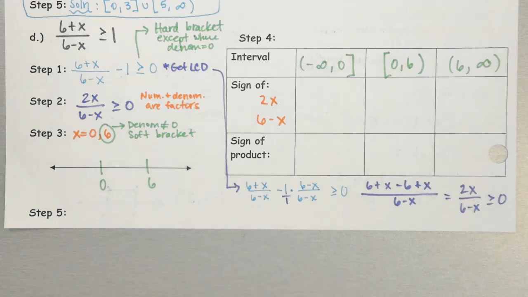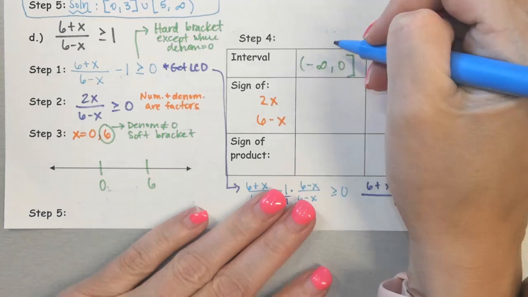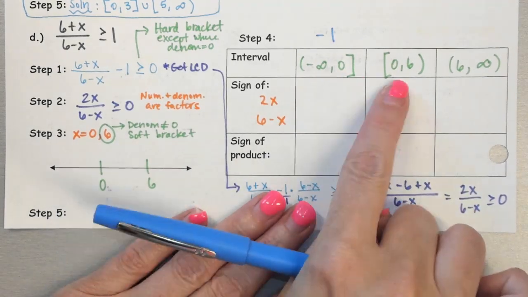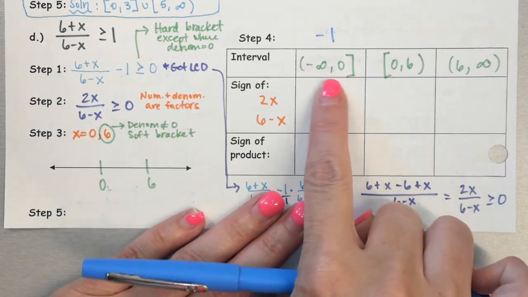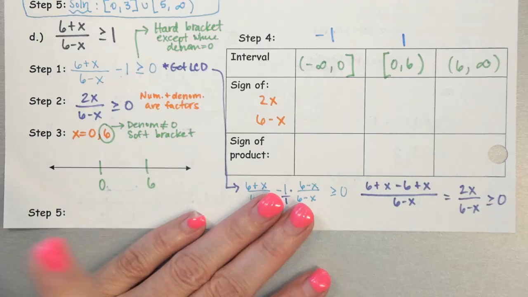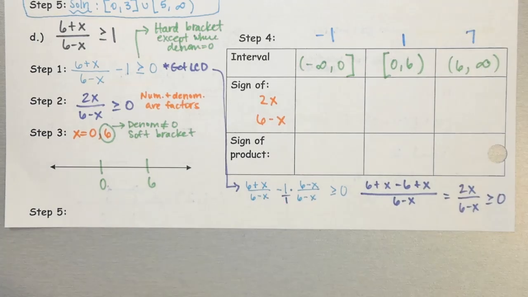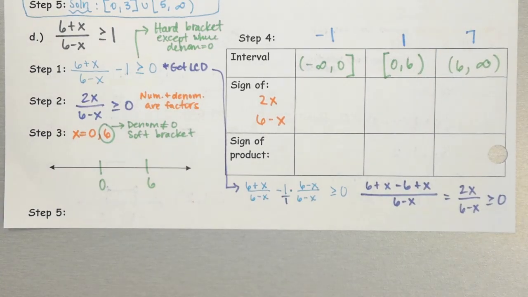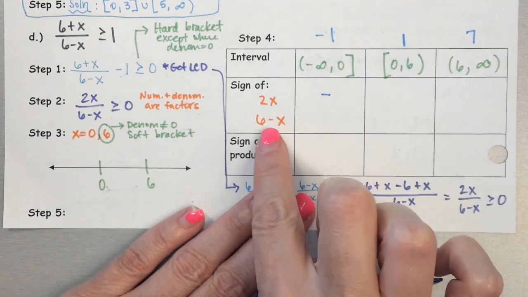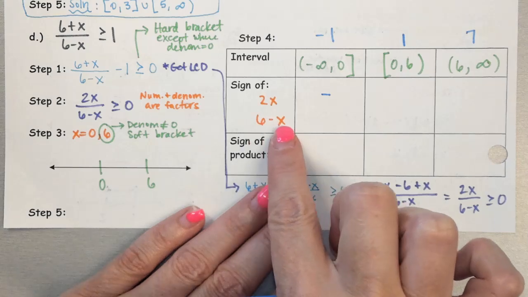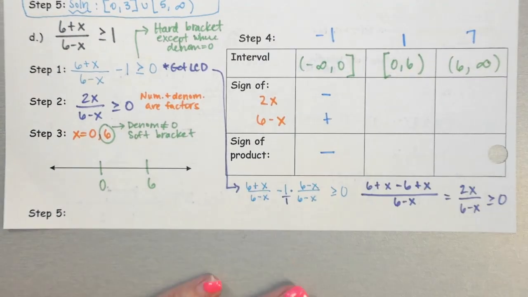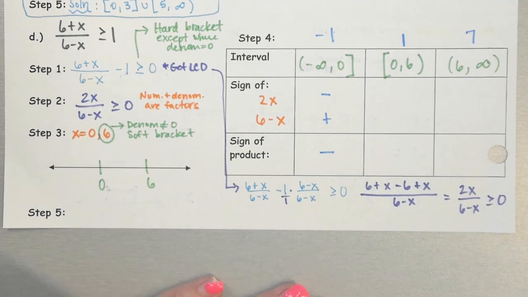Now we can do our table. Again, we're picking a value that's less than 0. We don't want it to be 0, even though it says it includes it, because it includes it in both. That is one of your key values, so you're never going to use one of your key values there. Then we're going to plug them in and find the sign. So we have a negative. Remember, minus a negative is a plus here, so that's going to be a positive. You have an odd number of negatives, so it's a negative.